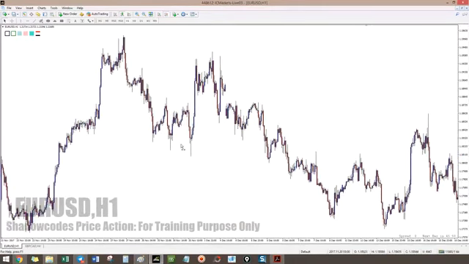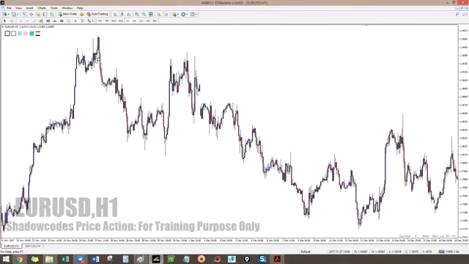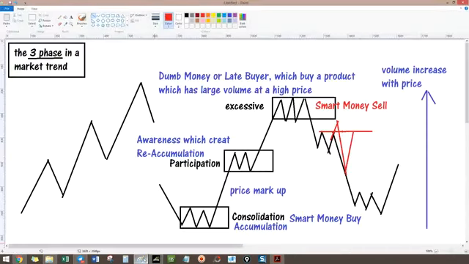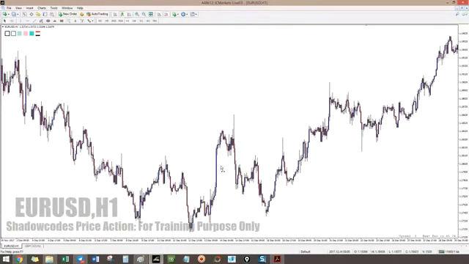Now, for example, you have something like over here. Do you want me to show an example of this one first? I think I need to use this example, the uptrend first. I will show you the uptrend first.